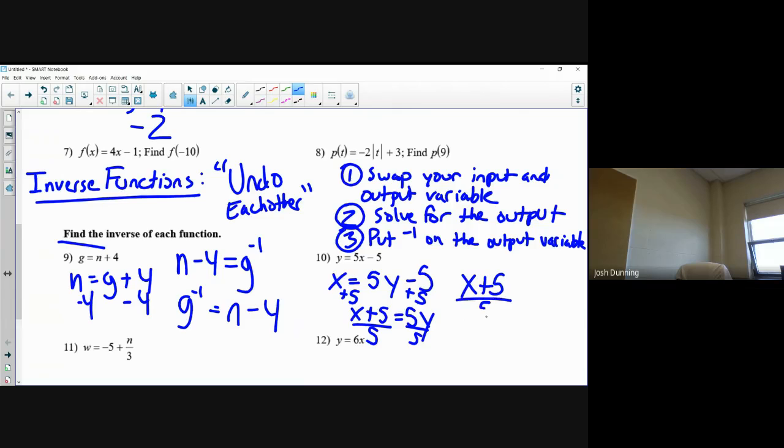And you can't really simplify that anymore. X is 1x. So you could write 1/5 x, plus 5 divided by 5 is 1. I guess you could have 1/5 x plus 1. No reason to. This is good enough. Stick the -1 on the y. There you go. Inverse.